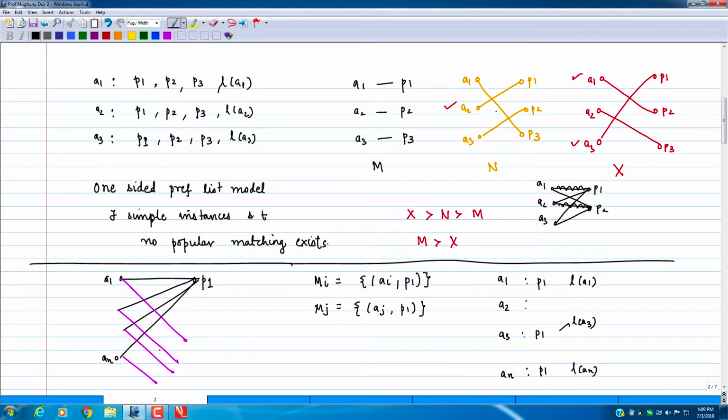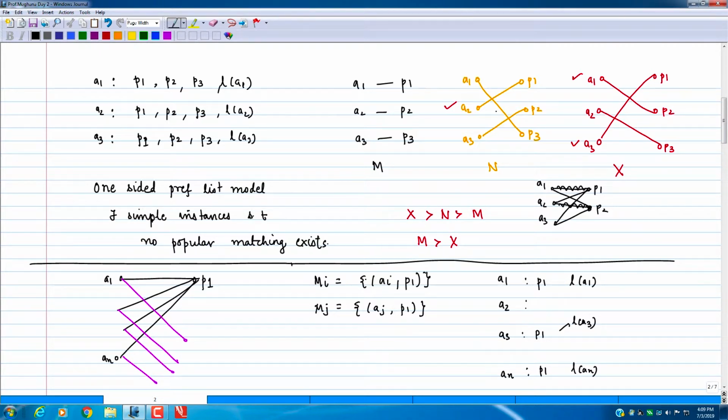So add those and then compute a maximum matching. The maximum matching does match everybody, at least in that graph. Even if everybody was matched to its dummy, we will take some applicant and match it to its P1, because we cannot afford to leave P1 unmatched, and then call that matching popular, because we have found an applicant-complete matching.